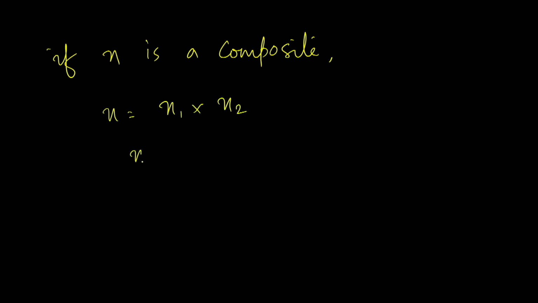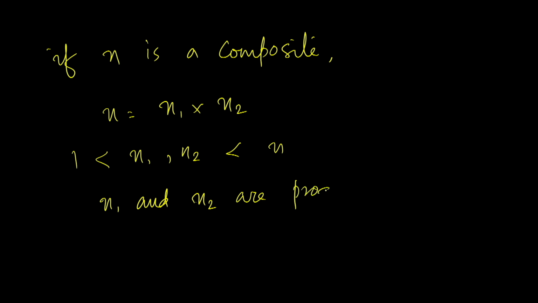If n is a composite, then by definition n is n1 into n2, where n1 and n2 are both less than n and greater than 1. Now, let us inductively assume that n1 and n2 are products of primes.